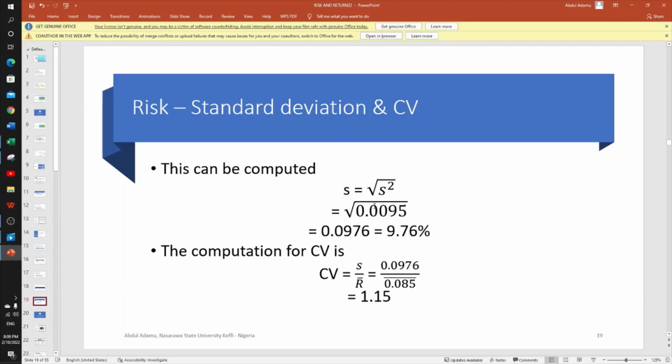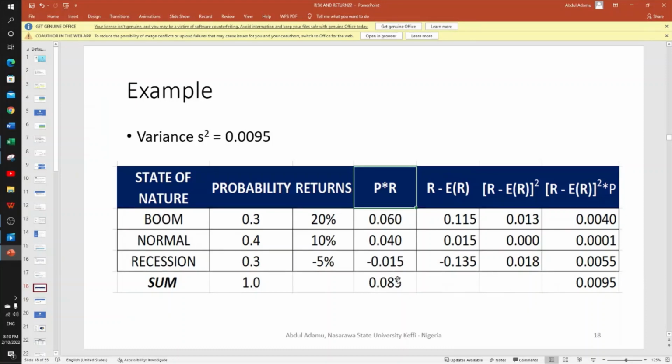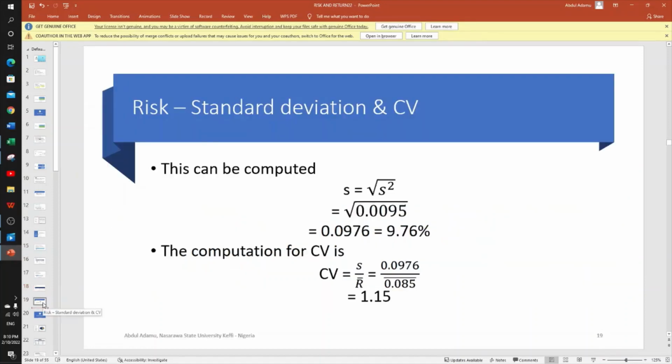So to compute the coefficient of variation, we just divide this standard deviation, 0.0976, by the mean we got earlier. The mean we got earlier is 0.085. When we divide it, we have 1.15. That is, for every unit of return, the risk is 1.15.